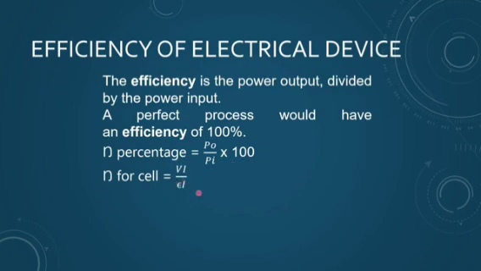And when we talk about the efficiency of a source cell, it will be given by the potential difference V divided by the EMF E, since the power output is VI and the power input is EI, the EMF of the cell. Of course, we will deal with EMF and potential difference in detail in the next lecture.